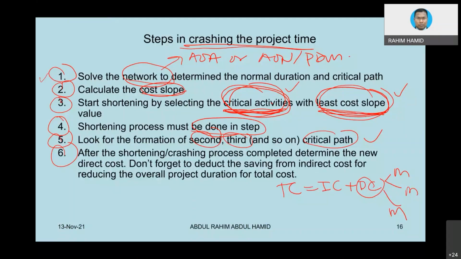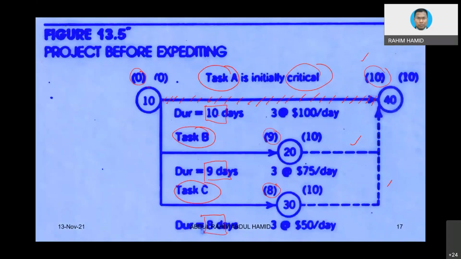And then the next step would be to calculate the cost slope. The cost slope is given in this diagram like this. So what does this mean? 3 at 100 per day. Remember, cost slope is defined as how much money per day if we need to reduce by one day. Activity A can be reduced by 3 days, the maximum that you can reduce.